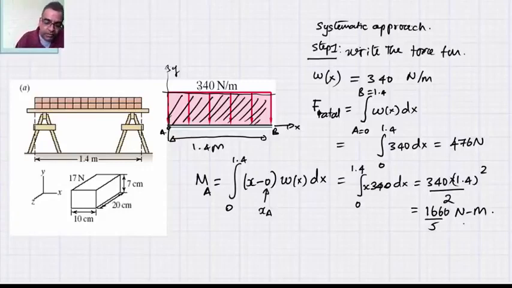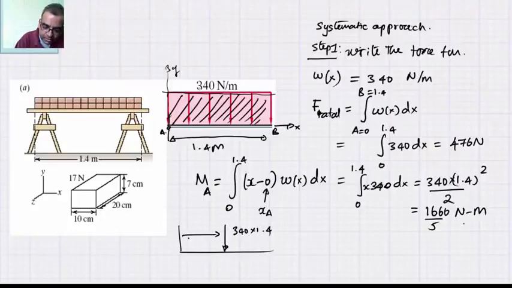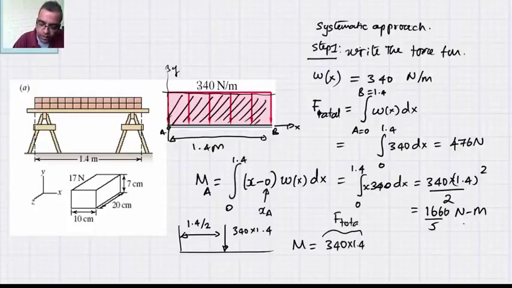You could have done this in a different way. You could have said this is equal to a single force of magnitude equal to the area, 300 times 1.4, acting at a distance of 1.4 over 2. You know the centroid of a rectangle, right? 1.4 over 2, and so you can calculate the moment equals 300 times 1.4, which is the force, times 1.4 divided by 2, which turns out to be 1666 over 5 Newton meters.